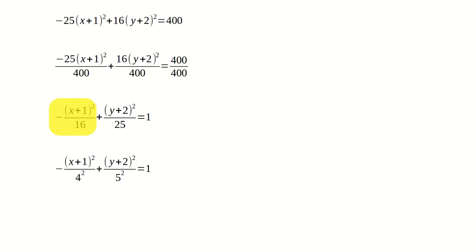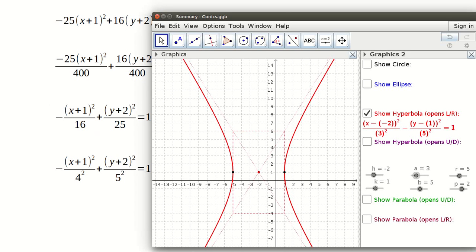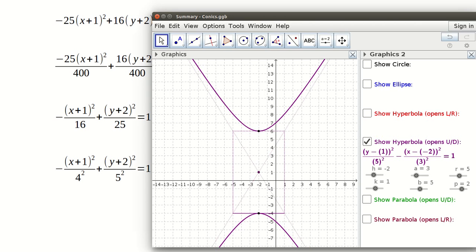Then let's look at the denominators. It looks like our a, that is the horizontal offset, is 4, and b, that is our vertical offset, is 5. Okay, so we want a hyperbola that opens up and down because the y terms are positive.